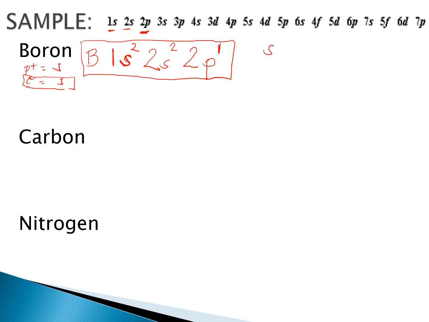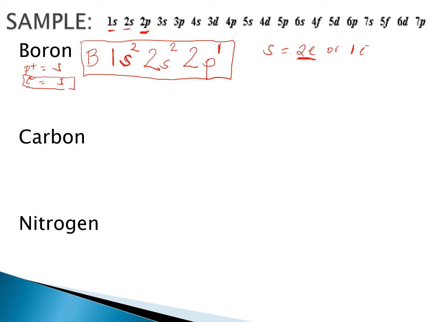Di ba nakita natin kanina, yung s2, yung possible electrons. Now, for an s orbital, the maximum number is 2, meaning hindi siya pwedeng maging 3. Pero pwede siyang maging less than 2. So, pwede siyang maging 1 electron. Pwedeng magkulang, pero hindi siya pwedeng mag-exceed doon sa maximum number of electrons na meron siya.